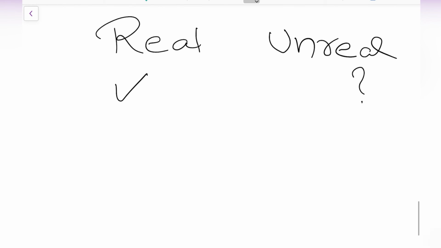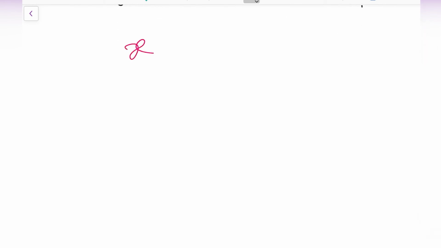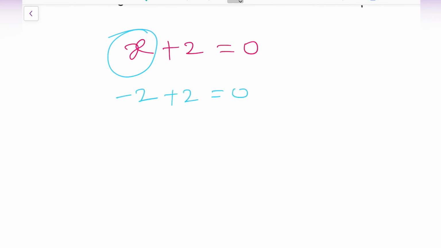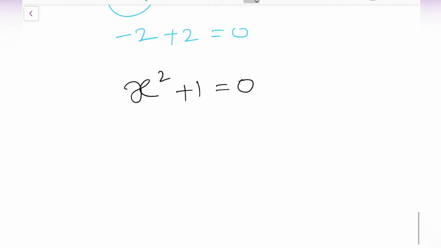Now, just a small example. x plus 2 equals 0. Now, which number we need to substitute in the place of x so that this equation is satisfied? In the place of x, if I substitute minus 2, minus 2 plus 2 is 0. So x value I can say is minus 2. Now x square plus 1 equals 0. Now in the place of x, which number will you substitute so that it will satisfy the equation?